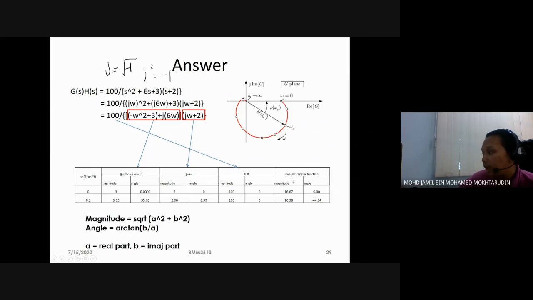So the same thing, magnitude for overall transfer function, you use product. So magnitude, you use product of magnitude of zeros, divided by product of magnitude of poles. And then for angle, you use the sum of angle of zeros minus the sum of angle of poles.